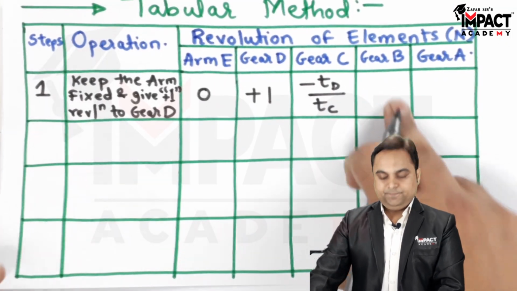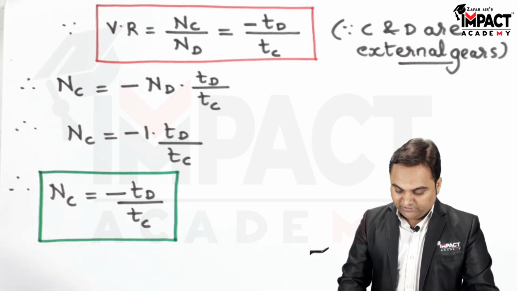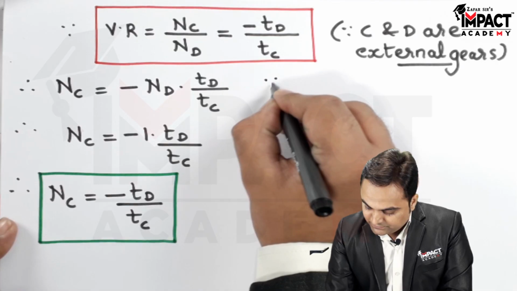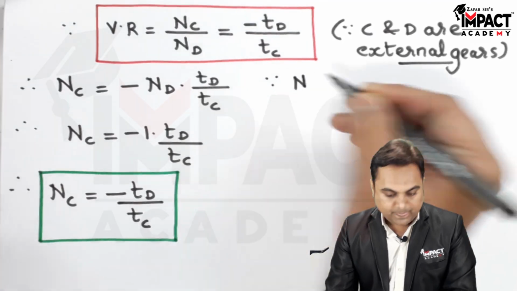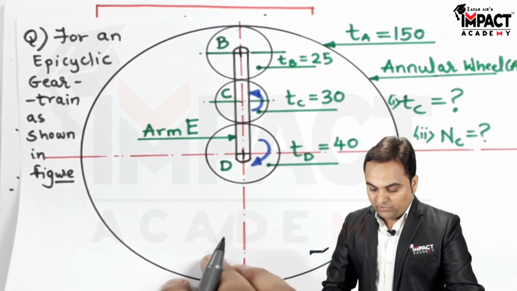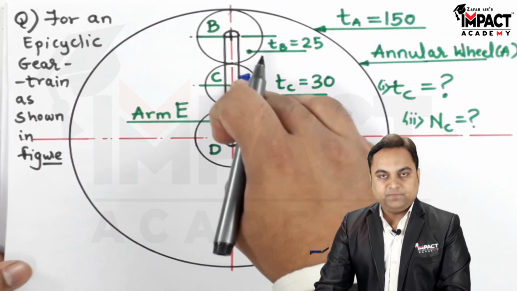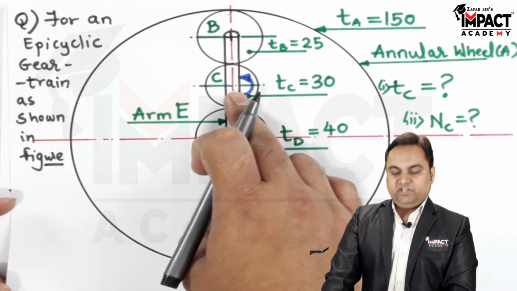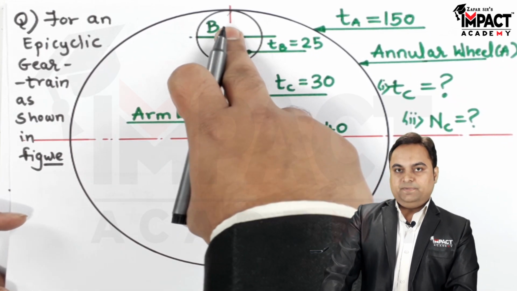Then for gear B, I am going to find the speed in a similar manner. Now as we can see, B and C are in mesh and they are also external gears. For B, C is the driving gear, so B becomes the driven gear.